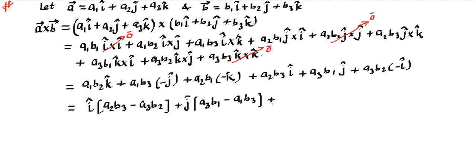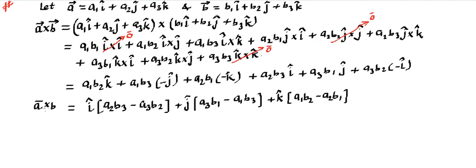And finally we can collect the k cap. When we collect this k cap, it is going to be equal to a1 b2 minus, from here you will get a2 b1. Though it seems a bit complicated, logically it can be thought of or remembered.